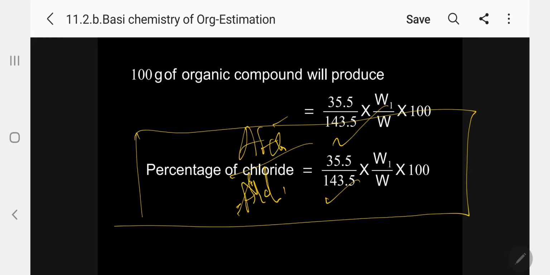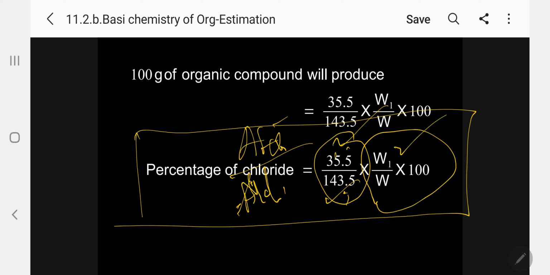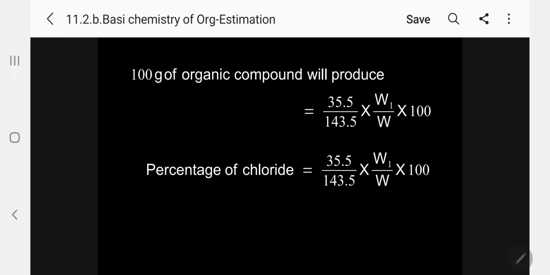This is what we commonly have to change; only the bottom and top will change, the other things are common. This is W1 grams of the halide formed, W gram amount of organic substance used, 100. So in this case, 35.5 divided by 143.5 into W1 by W into 100 will give the percentage of chloride formed. This is the method.